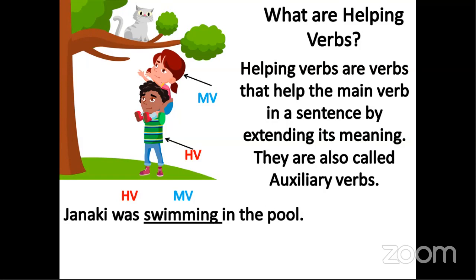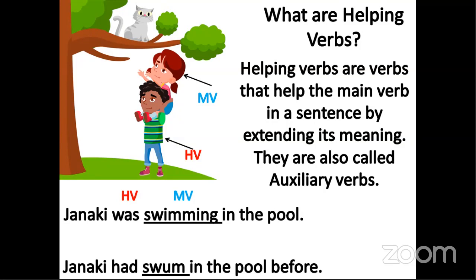And when I look at was and a combination of the verb's first form and its ing form, it shows me that this action was happening continuously in the past. So it is a past continuous tense. That is how the helping verb helped me. It extended the meaning of the sentence by telling me at what time and what the state of the action was.